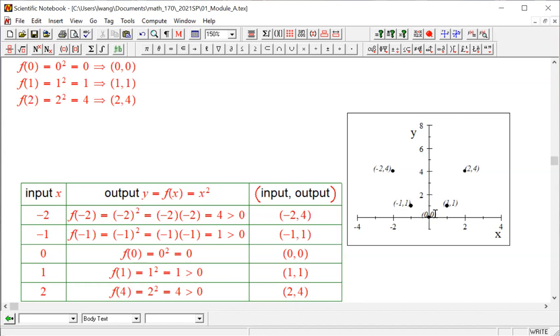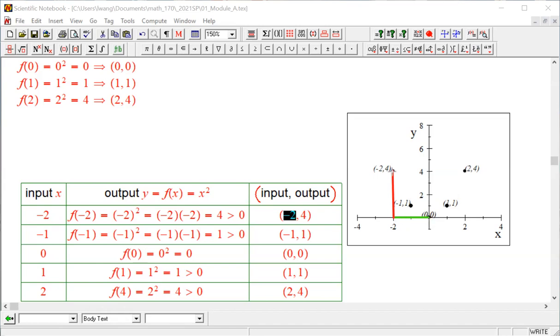And we got all of these points. And we're going to put these points in the graph, in the rectangular system. So for input -2, output is 4. Input, output. So let's understand what this means. -2 is the input, and the output is +4. The input is a horizontal measurement from the origin.